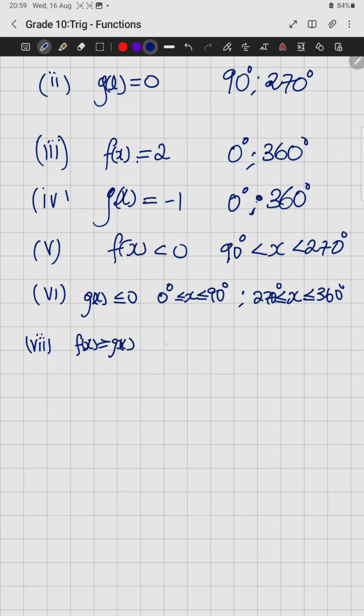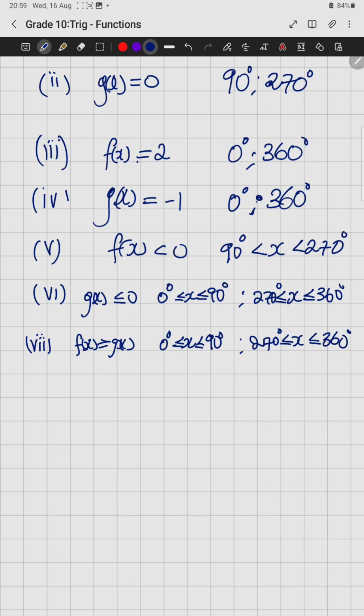So x is greater or equal to 0 degrees and less or equal to 90 degrees. And again must be greater or equal to 270 and must be less or equal to 360 degrees.